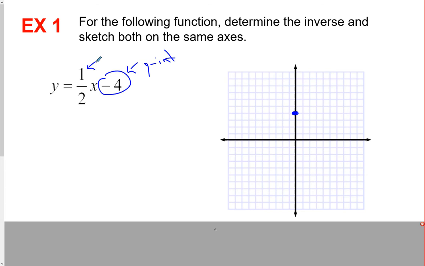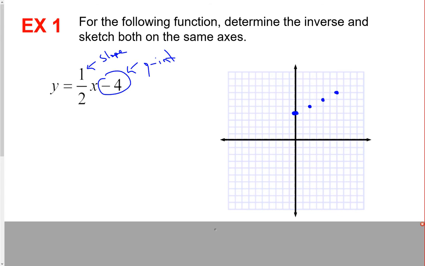And this value is my slope. So my slope is rise 1, run 2. So rise 1, run 2, right there. Rise 1, run 2, right there. So that's my line. It's going to go through those points.